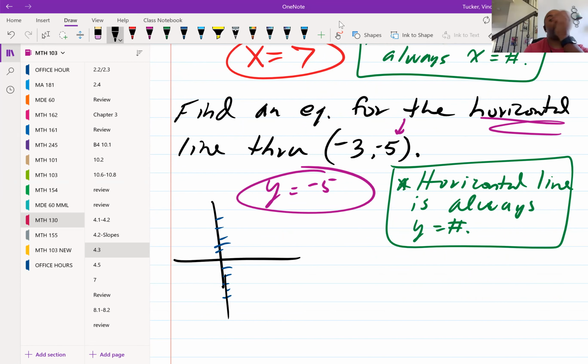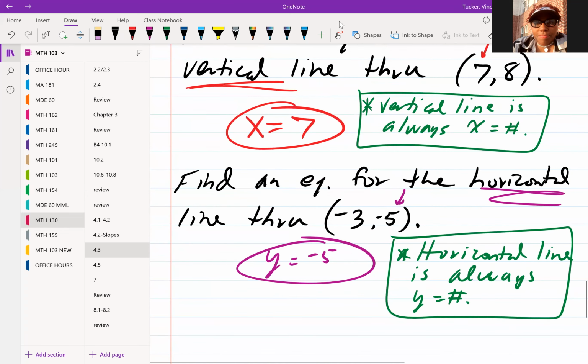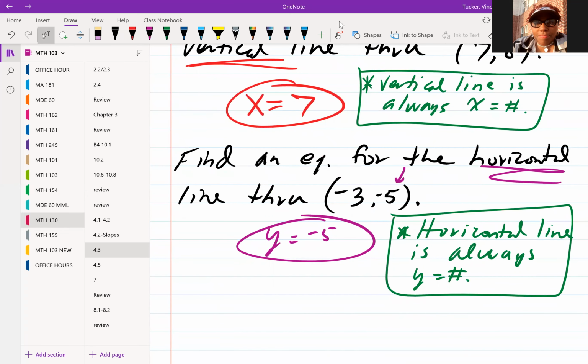If that helps you remember it, yeah. I see what you're saying. I think I be thinking too hard, Professor. That's why I can't remember nothing. Yeah, man, you be going too deep.